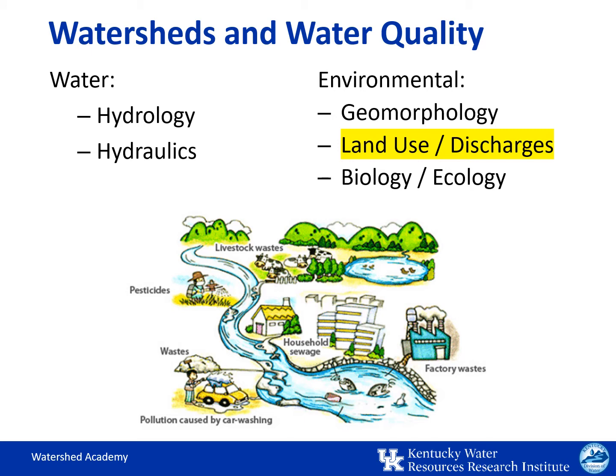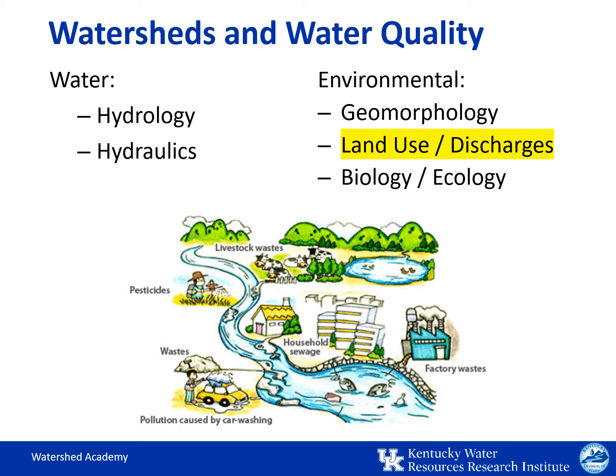As we have learned, many factors influence water quality as it moves through a watershed. It's affected by two basic categories of factors: the water itself, which is influenced by the climate and weather, as well as the hydrology, which refers to the properties, distribution, and circulation of the water on and below the Earth's surface and through the atmosphere, and hydraulics, or how the water flows within the stream channel.